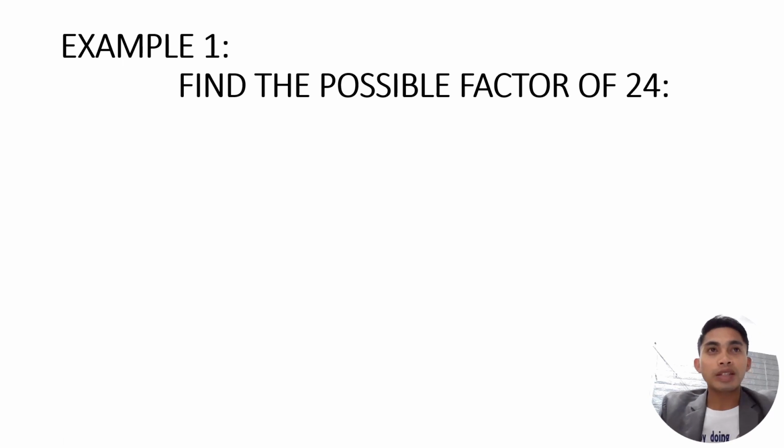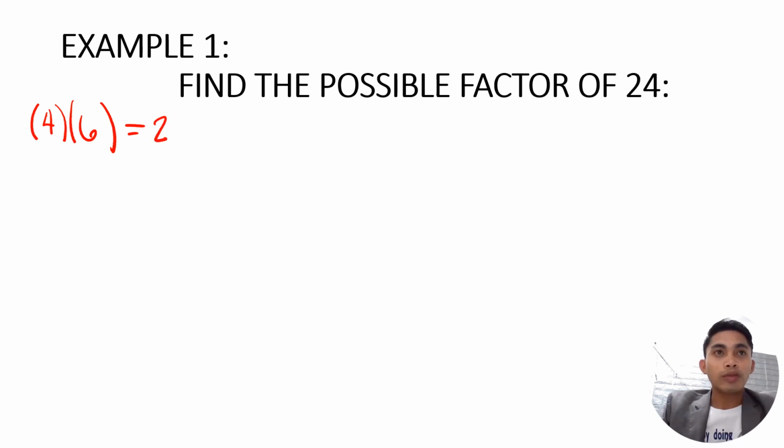For example number 1, we need to find the possible factors of 24. What are those possible factors of 24? It may be 4 times 6, which is equal to 24.